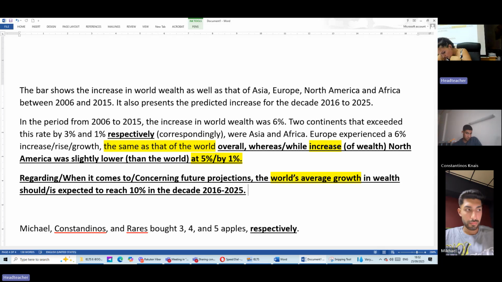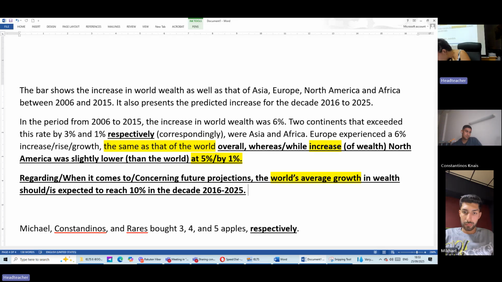So we can say about what's higher than the point of reference. We've got the blue line, the world wealth, it's 10%. Asia is higher at 12%.